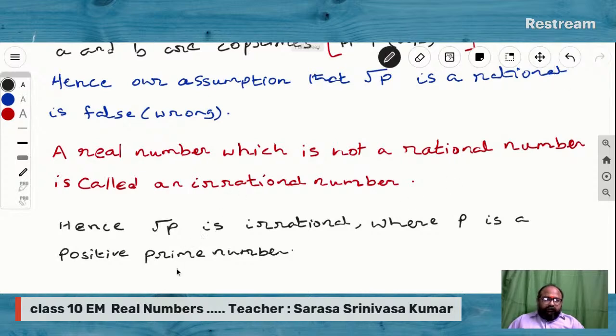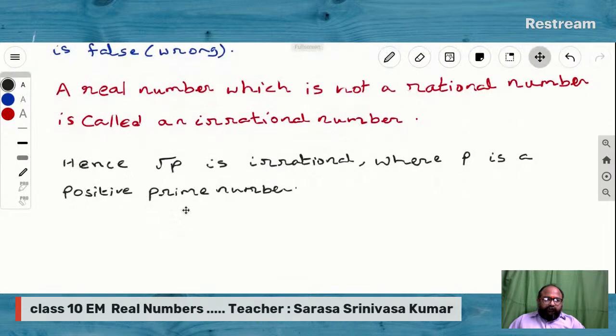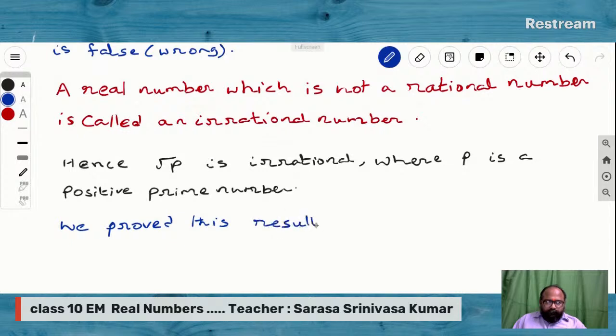So now we write that we have proved the result by contradiction method.